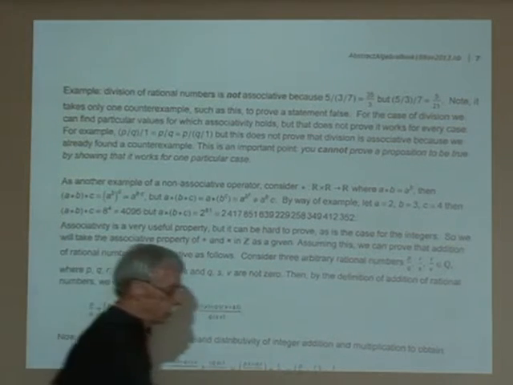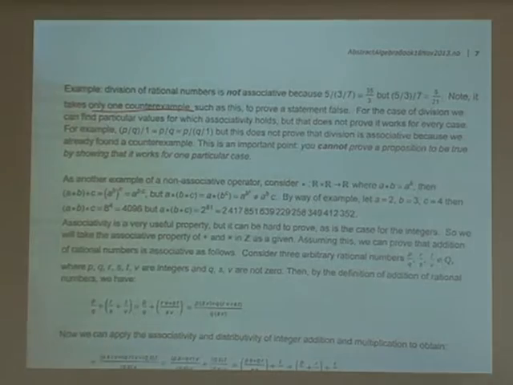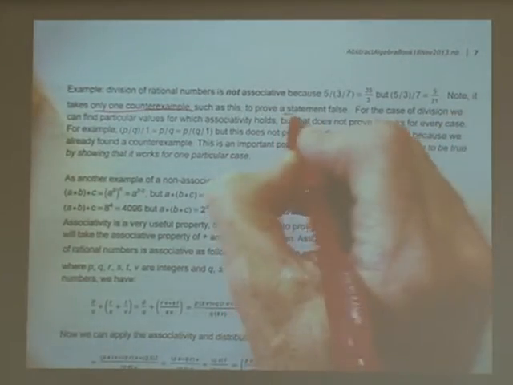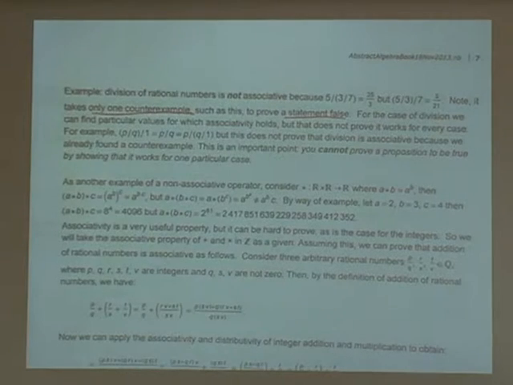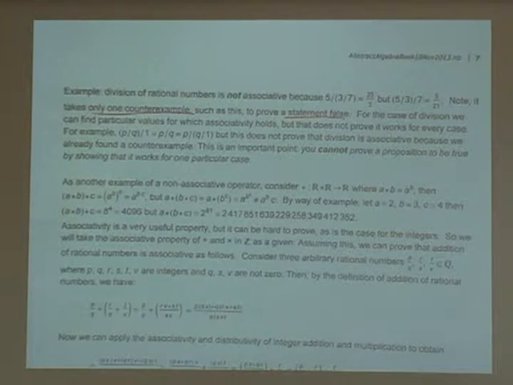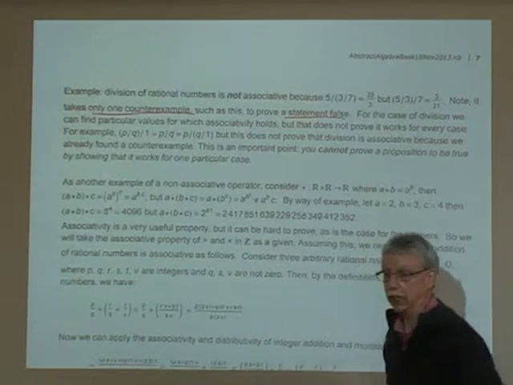And here's another important general point about proving things. Only one counterexample is needed to show something is false. It has to work every time or it's not true. So for the case of division, we can find particular values for which associativity holds. For example, if 1 is the last value, it works, but that doesn't prove anything.